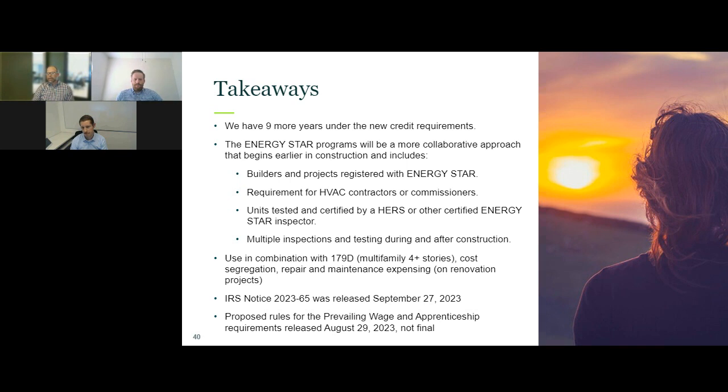So say you built a 100-unit multifamily property and you met the base Energy Star requirement and you leased up all the units in 2023. That would get you a $50,000 tax credit. If that same property were to meet the Zero Energy Ready certification, you would get a $100,000 tax credit.